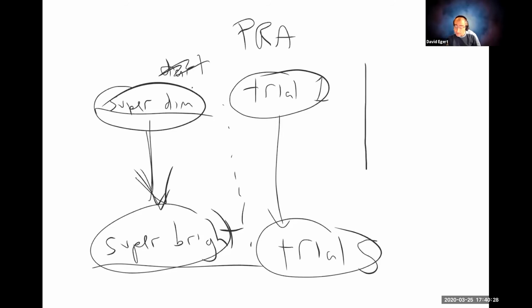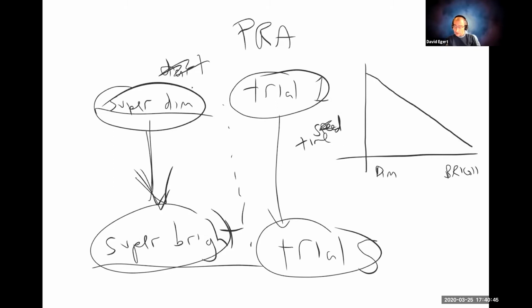let's say we got some result like this, dim to bright and the time of the reaction. And it was like this. Oh, take a look. The brighter it got, the less time it took them to grab the stick.